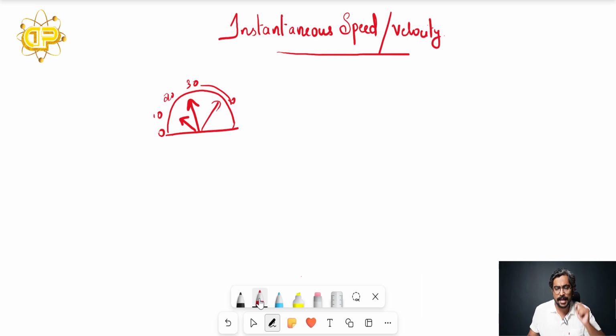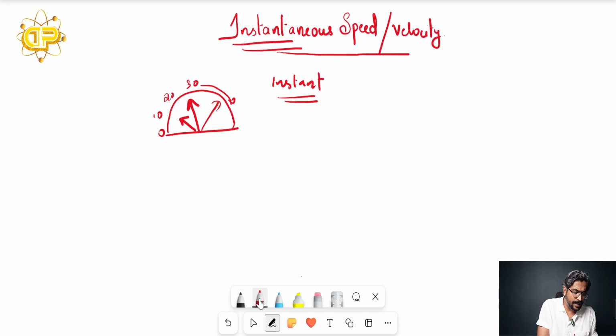It shows what the speed or velocity is at that particular instant. We call it the instantaneous speed or velocity at that instant. This is what we need to study.